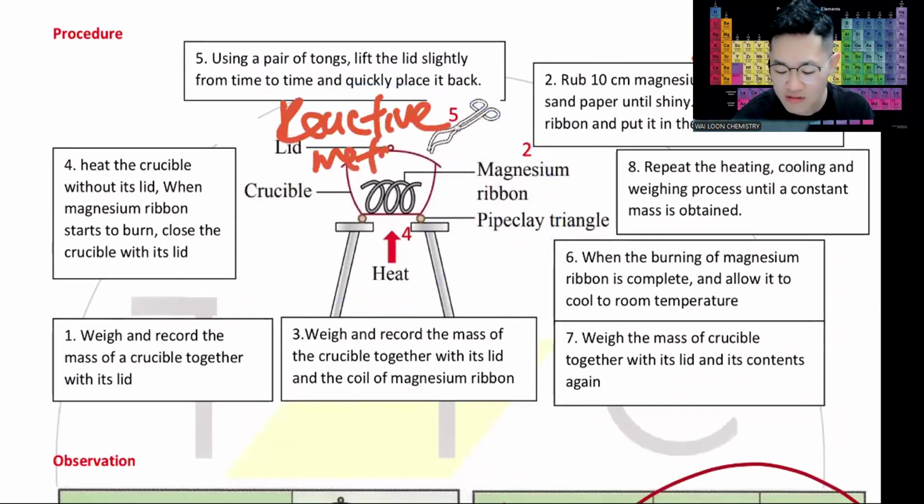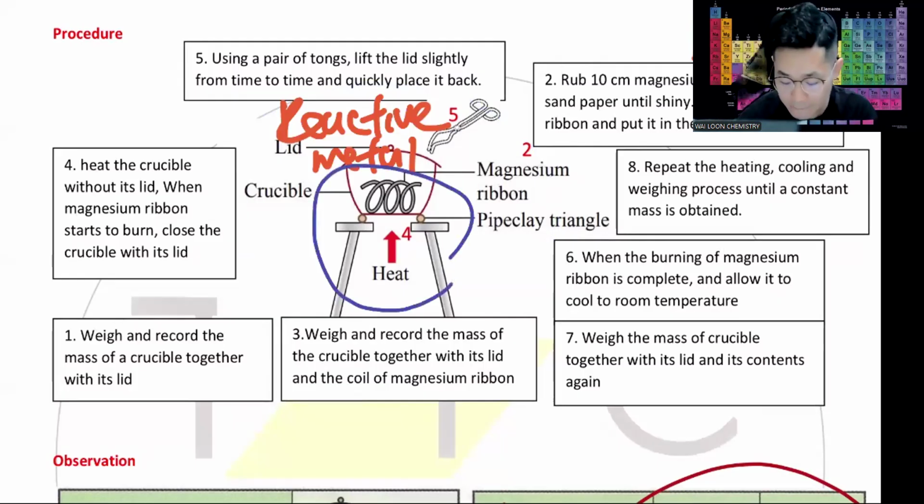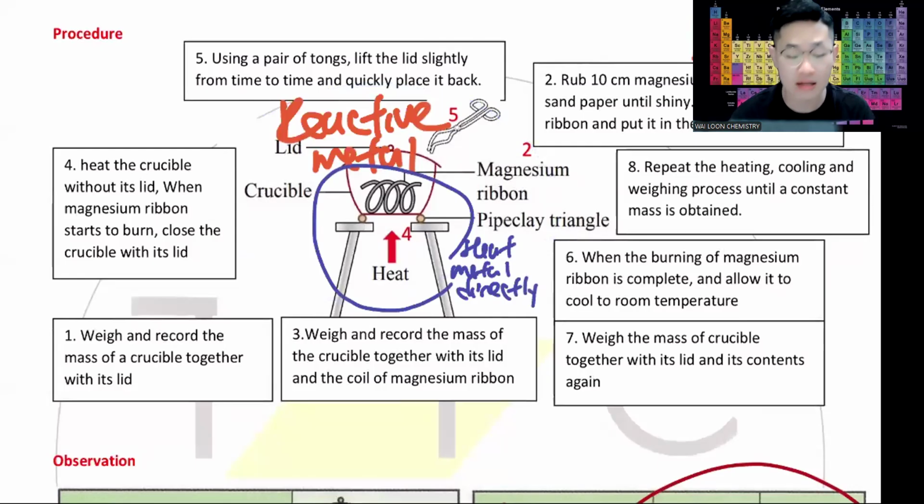So only reactive metal can use this method. What is this method? Direct heating. We straight away heat the metal, and then the metal starts to burn. Boom.